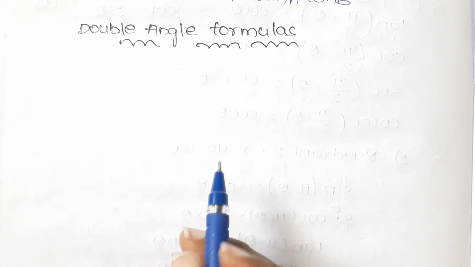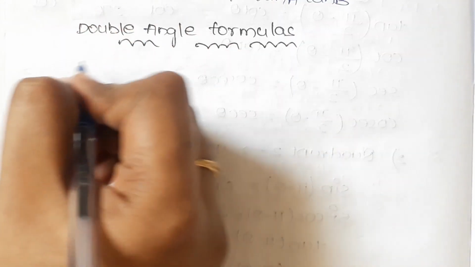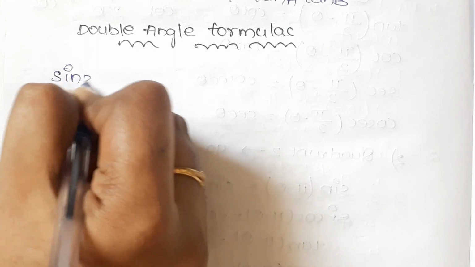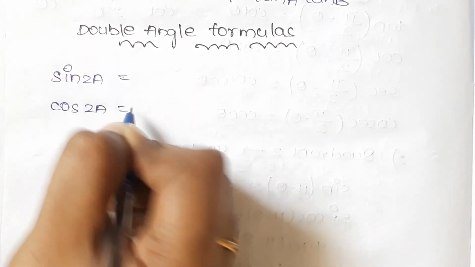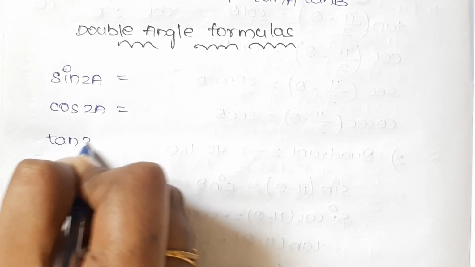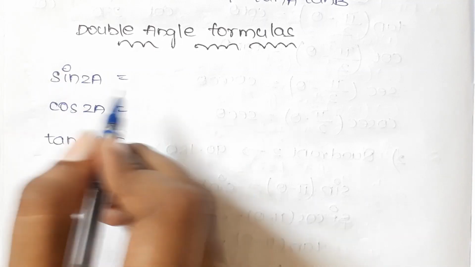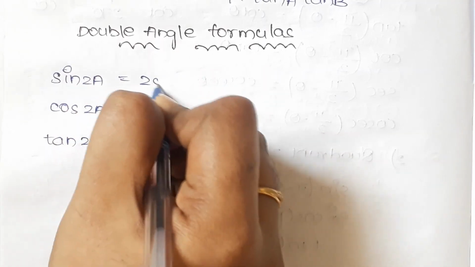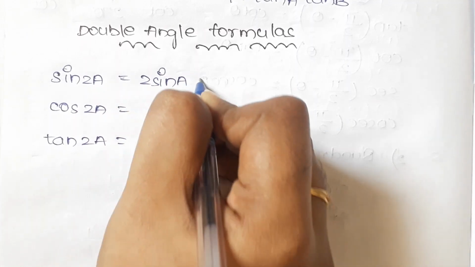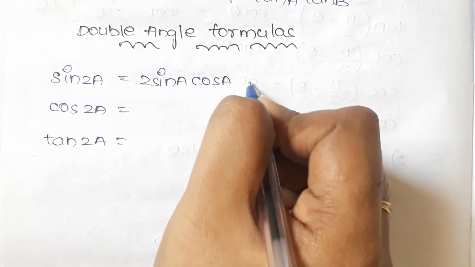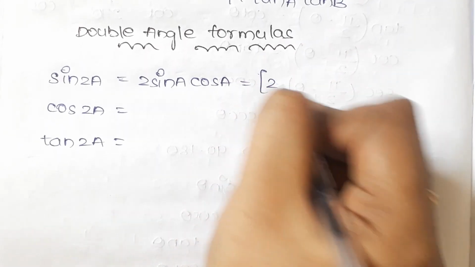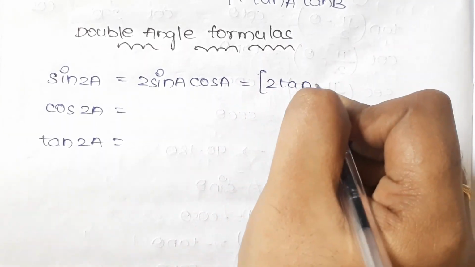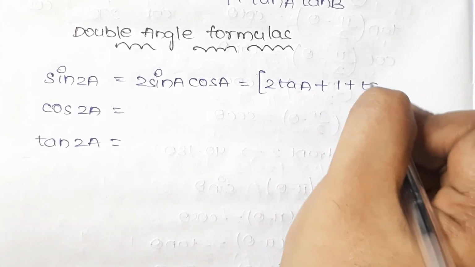Here the double angle formulas are sin 2a, cos 2a and tan 2a. Sin 2a is nothing but 2 sin a cos a, which equals 2 tan a divided by 1 plus tan square a.